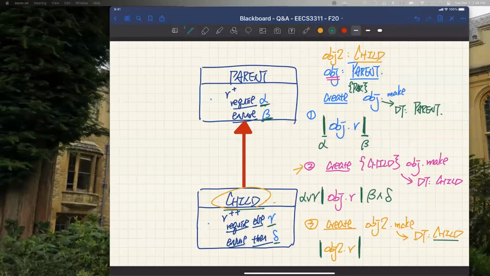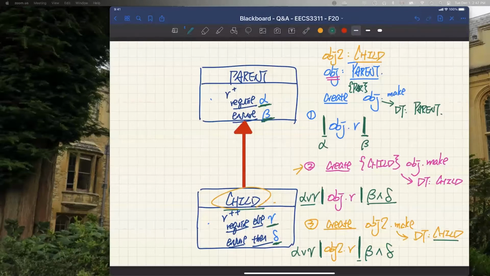So we check both gamma and alpha, and then we disjoin them. So it will be identical: alpha or gamma. For the postcondition, it's going to be delta combined with inherited beta, so it's going to be beta and delta. You can see it's identical to this. So these are the three cases, basically.